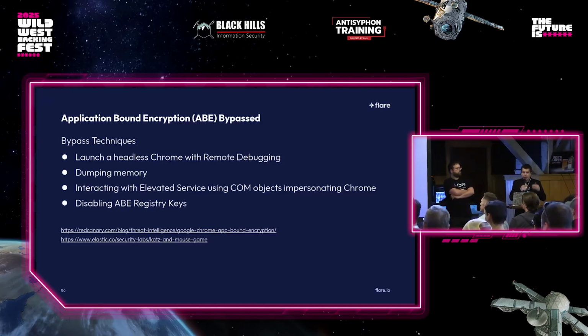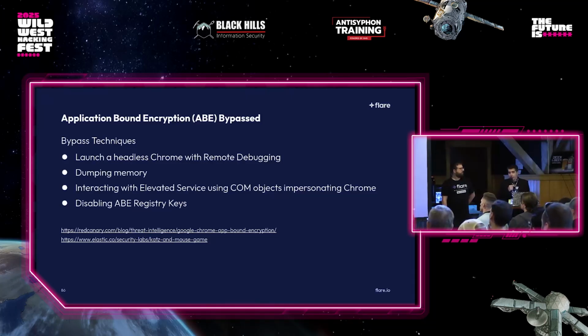You could launch a headless Chrome with remote debugging and then instrument the debugging to go after the files. Since it's a Chrome, it will be authorized to talk to the elevated service. You could dump memory. If you have admin, you can go after the processes and dump memory. You can impersonate Chrome using the same COM object characteristics, which will allow you to talk with the elevated service.